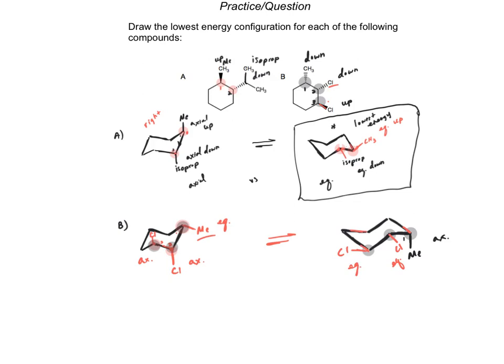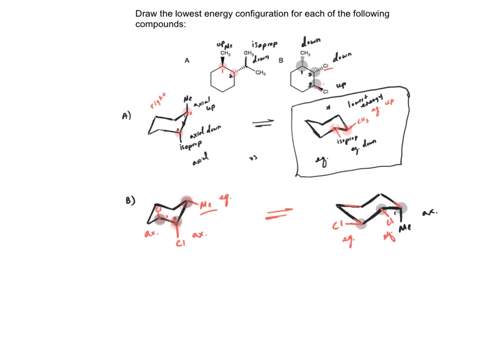Okay. Now, if we're looking at these two different conformations, here we had an axial chlorine, an axial chlorine, and an equatorial methyl. Here we had an equatorial chlorine and an axial methyl.